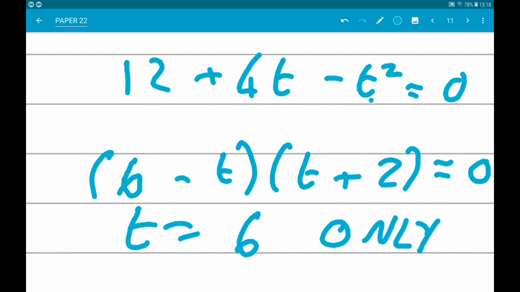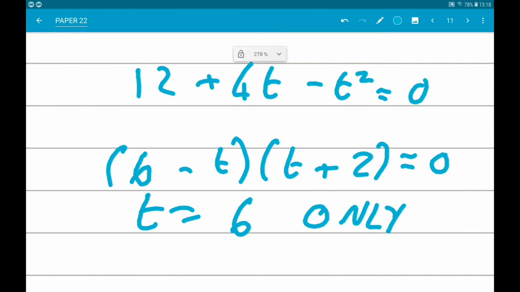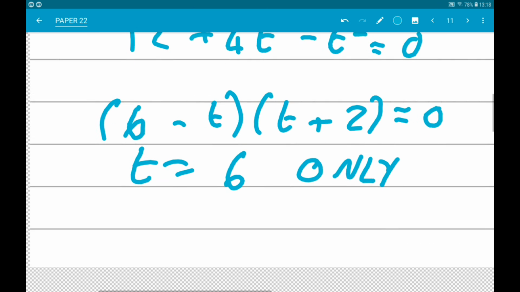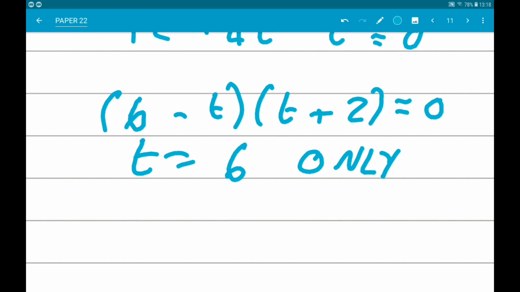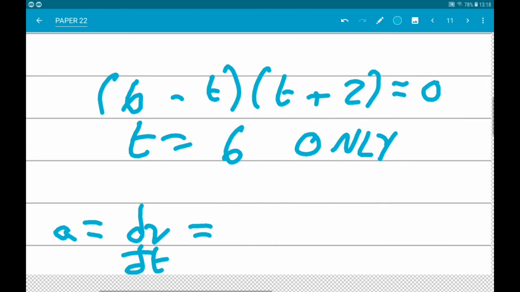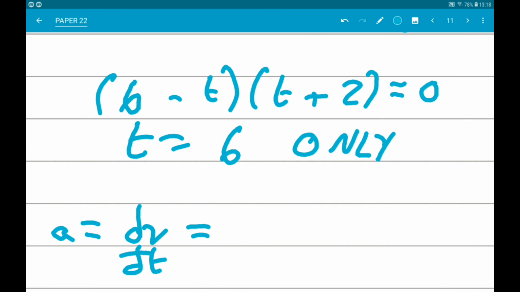Okay, now we need to find acceleration, which is the derivative of velocity. So, acceleration is dv by dt. So that is 4 minus 2t.